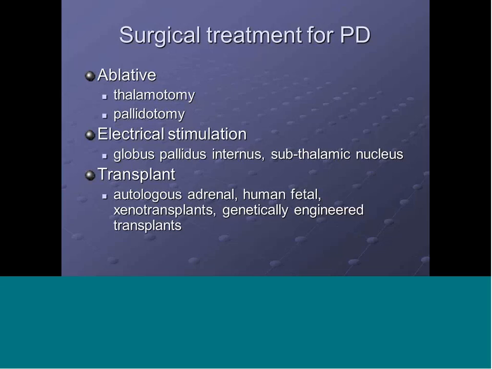But the most commonly used surgical approach these days is deep brain stimulation of the globus pallidus interna or subthalamic nucleus. Until about a year or so ago, everybody was gung-ho about using subthalamic nucleus as the nucleus of choice. However, recent studies have suggested that there is actually no significant difference between the use of either globus pallidus interna or subthalamic nucleus.